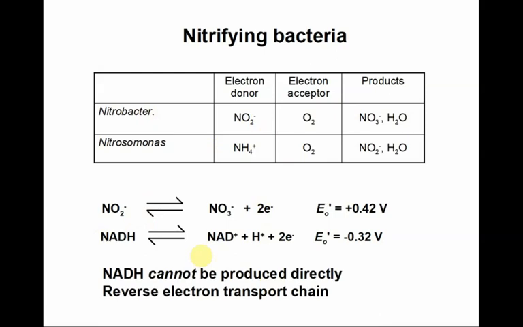But you'll need to oxidize quite a few molecules of nitrite to get enough proton motive force just to generate one molecule of NADH. It's not one for one, okay? So that's how these bacteria manage to do this. It's only possible in the presence of oxygen, because oxygen is the only electron acceptor that's good enough.